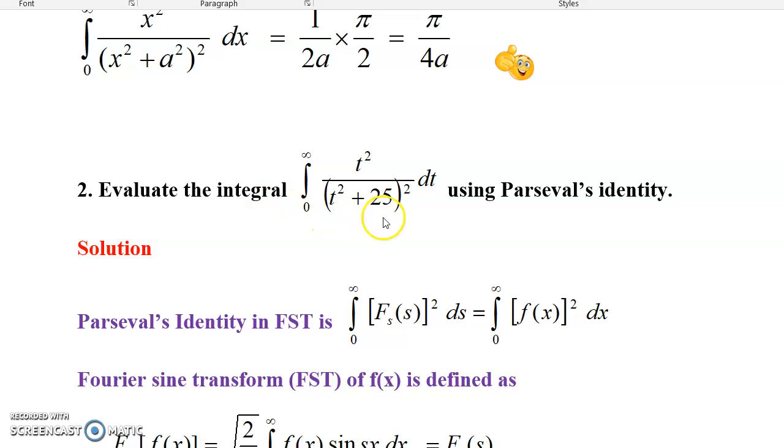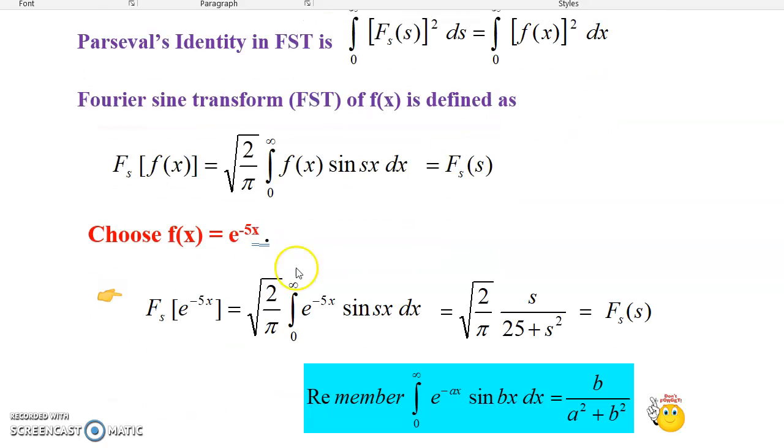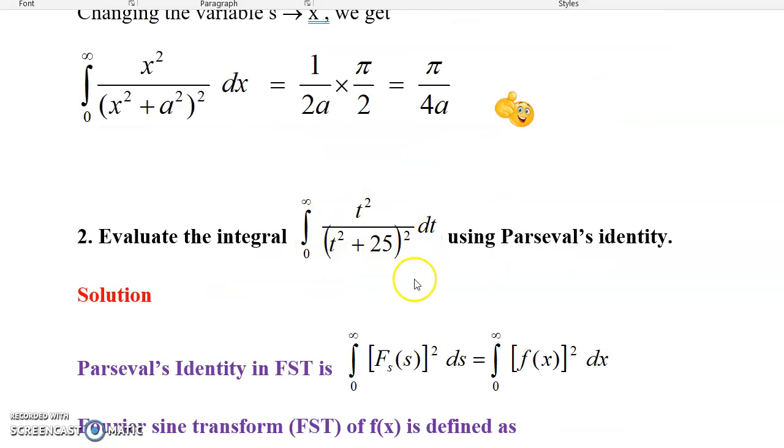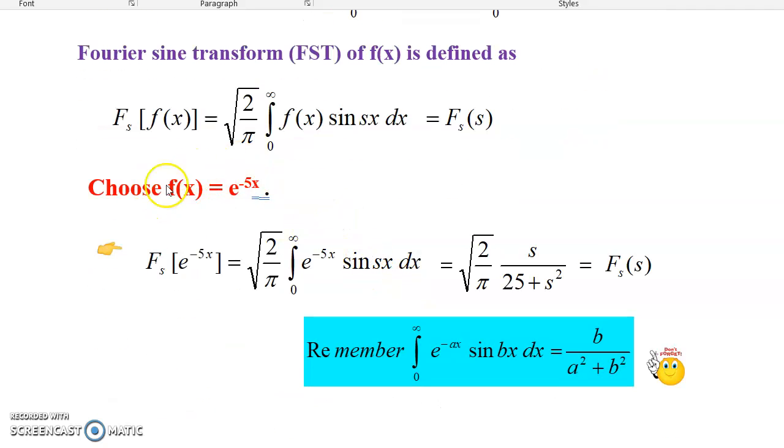But here you have 25. So in the place of a squared, actually we have 25 here. So a must be 5. So the function which we have to select is e power minus 5x. So this is how you have to analyze and select the suitable function in order to evaluate this integral. So let us select f of x as e power minus 5x.